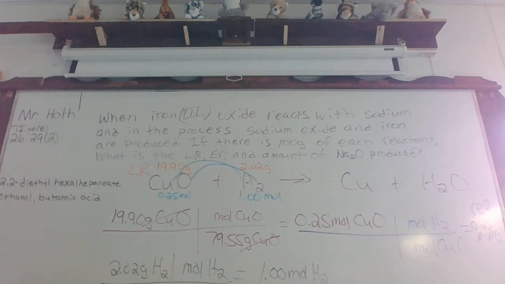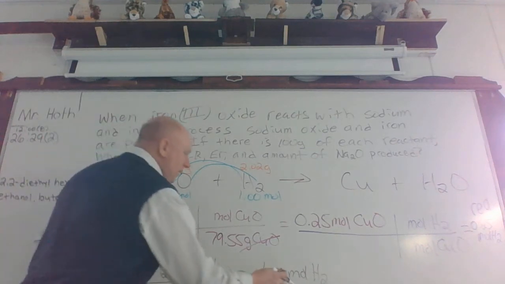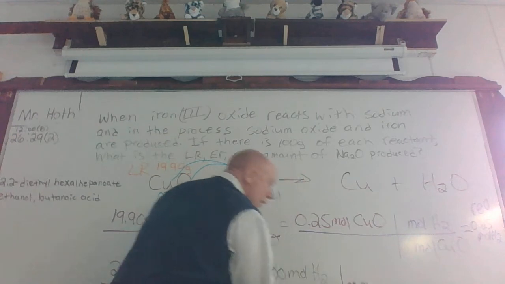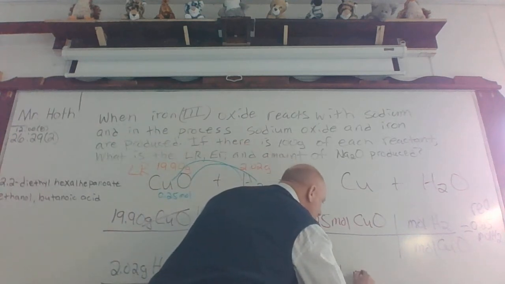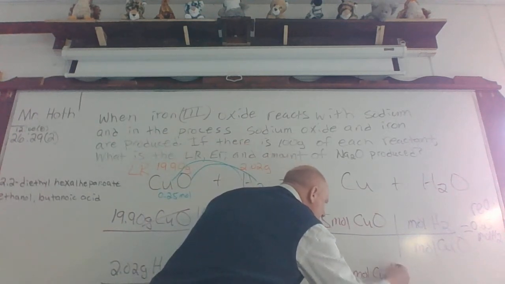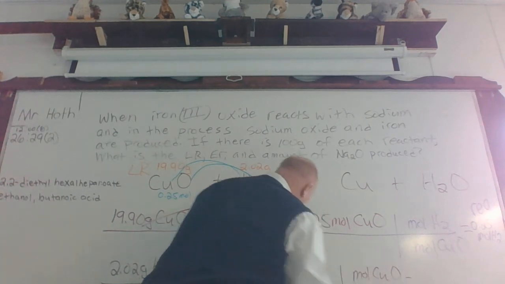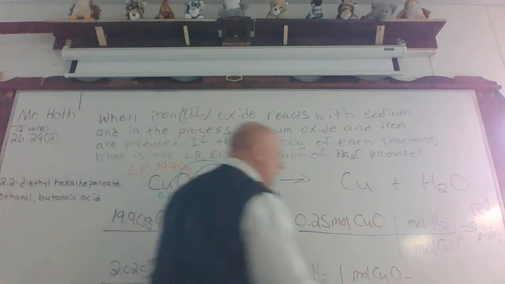Yes, that's true, but we'll keep going so we really make sense of this. We're going to take this mole of H2 and see how much we're actually short. For every mole of copper oxide, 1 times 1 just gives you 1.